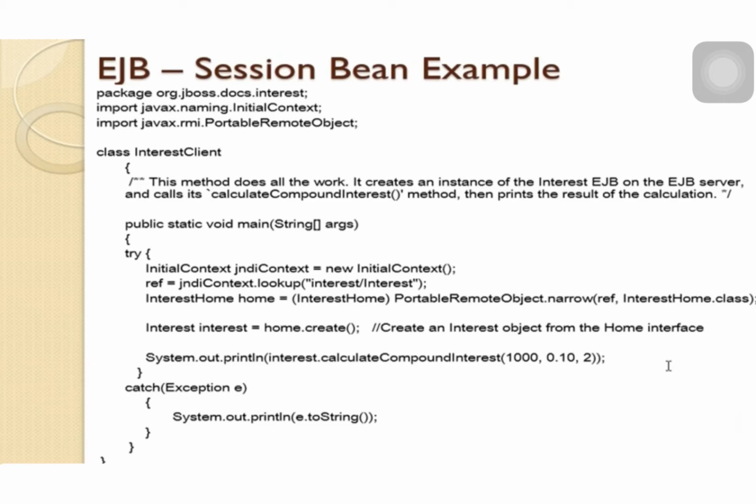If you want to develop the entire session EJB, besides the actual bean class, you also need to prepare the interface, the home interface, the remote interface, right? And this just helps the developer to register the EJB into the JNDI so that the client can use the JNDI to discover the object, the instance of the EJB.